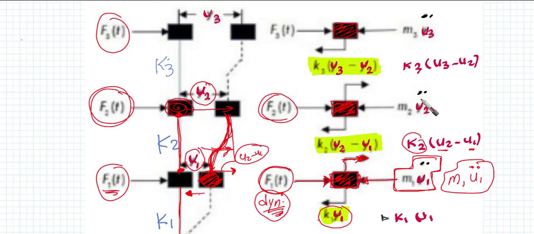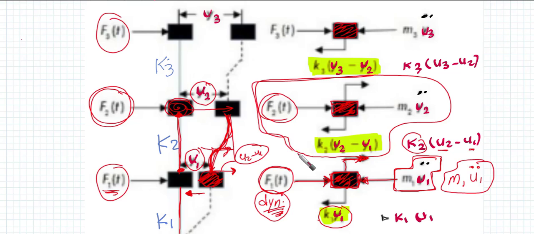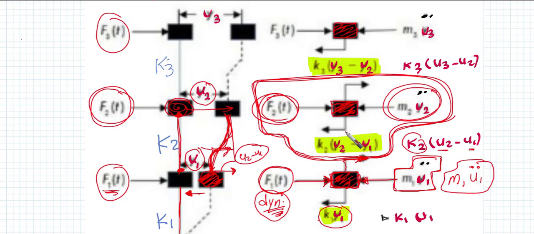In a similar fashion, we describe the equilibrium equation, or the free body diagram, for the second mass. We have the force applied, the inertia developed, and the resistance from the column below, which is K2 times U2 minus U1, exactly as explained for mass 1.